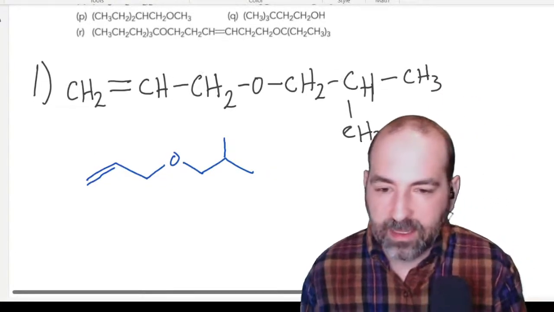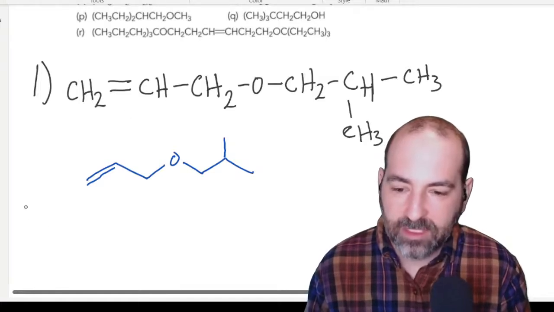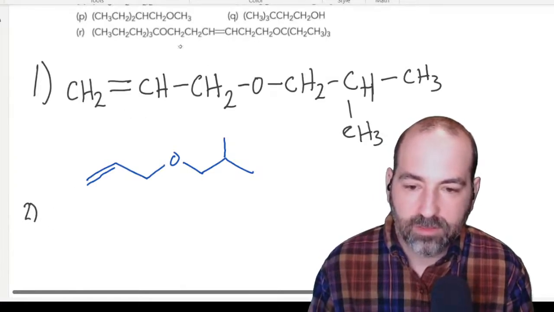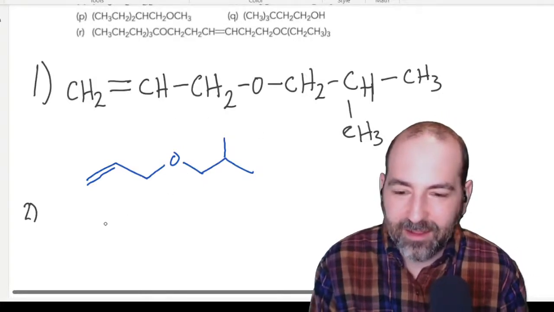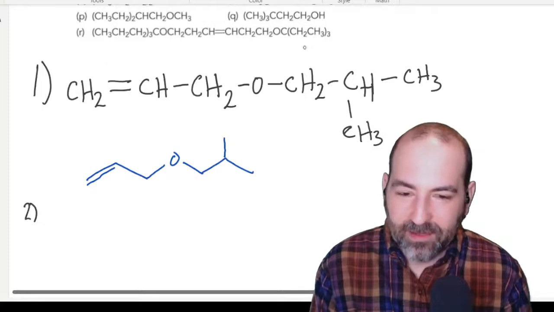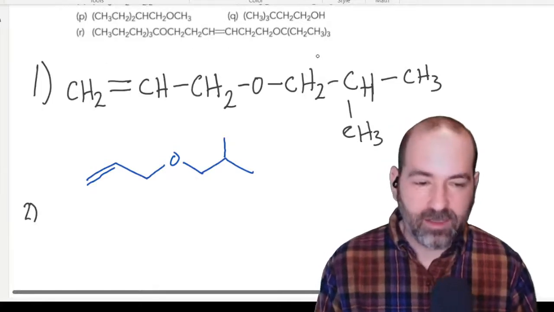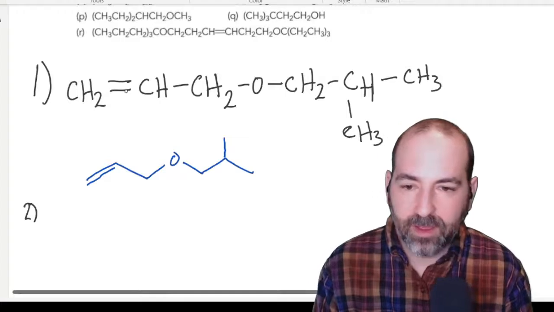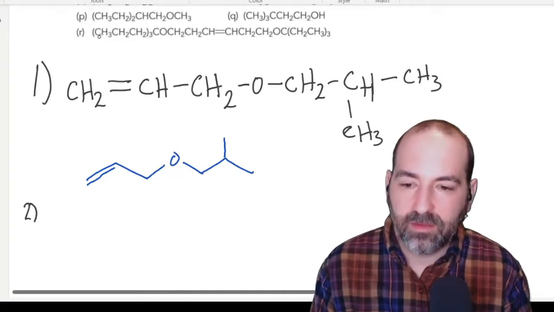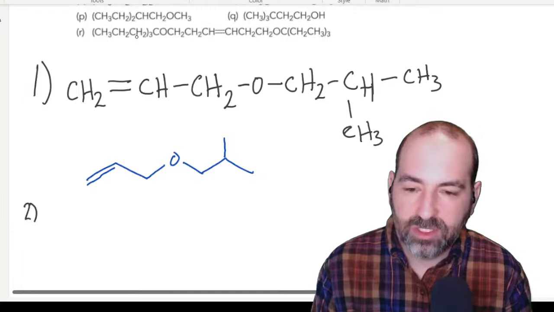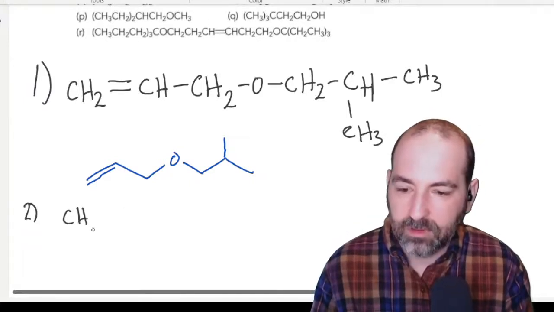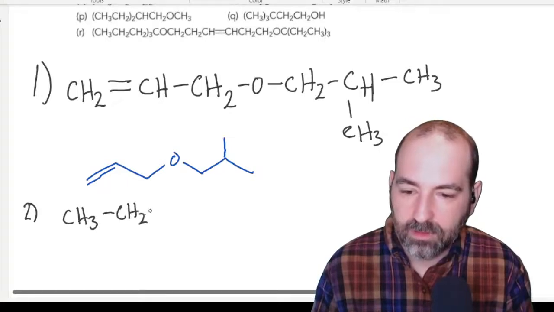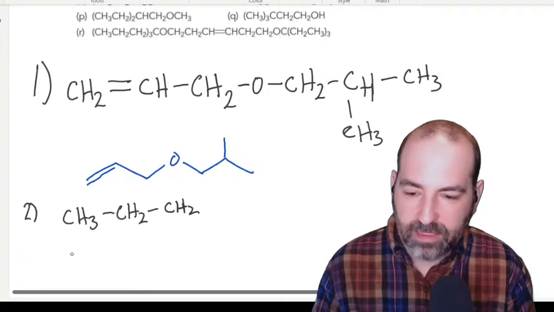All right, and then finally, as a challenge, let's take a look at the very last one. So the very last one is quite big. I don't even know if I'm going to be able to get it all on the screen, but we'll do what we can here. It is a very, very large structure, but the technique, the idea, what we're doing is really the same thing. So hopefully that will help us out here. We've got CH3, CH2, CH2 taken 3 times. So there's going to be 3 of those, all then connected to that next carbon.